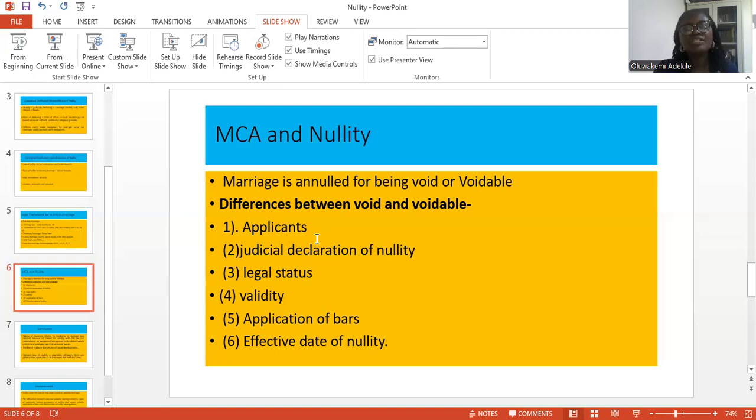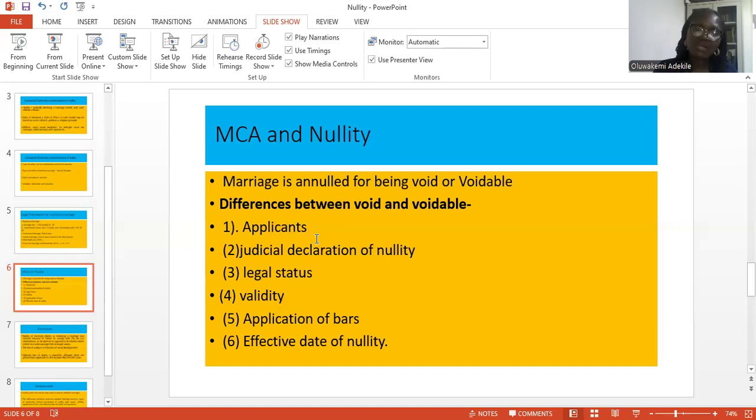The void marriage, because we said it does not really exist in law, is not valid. Therefore, it cannot be subject to what we call bars, prohibitions that will say, even though it's void, we bar you from bringing a petition. Don't forget, we said you don't even have to bring a petition for nullity technically.